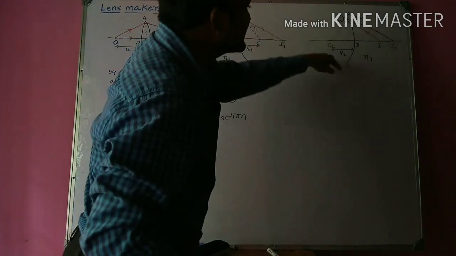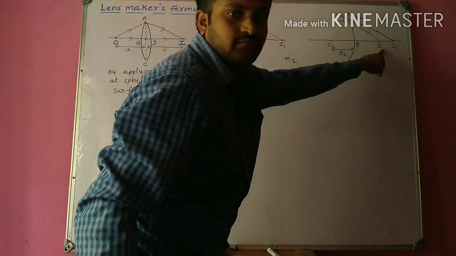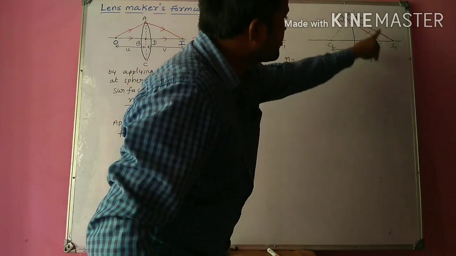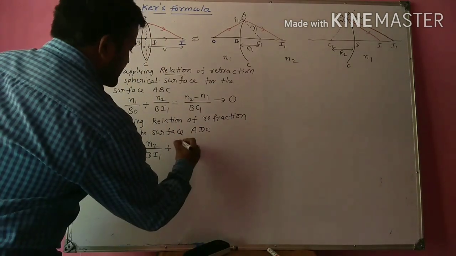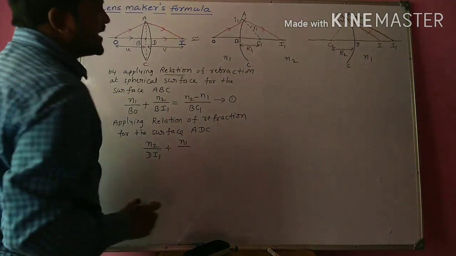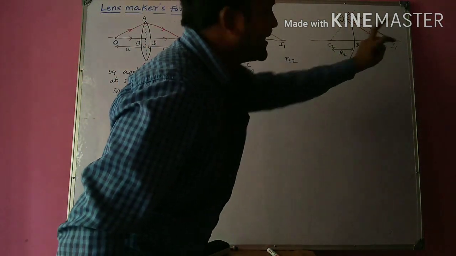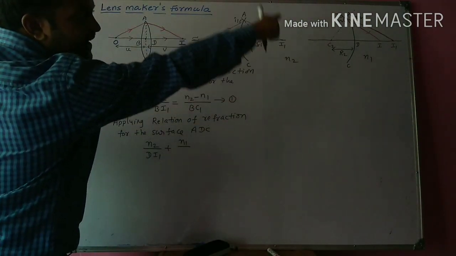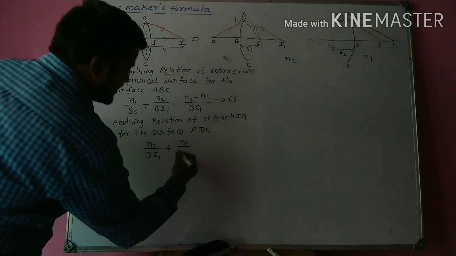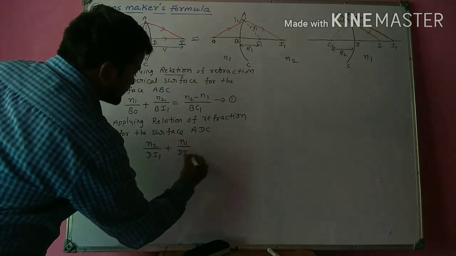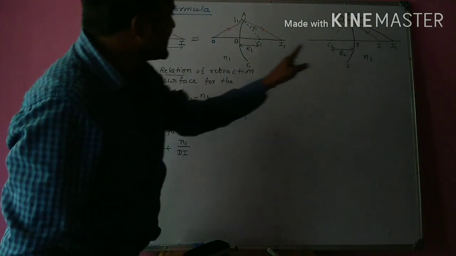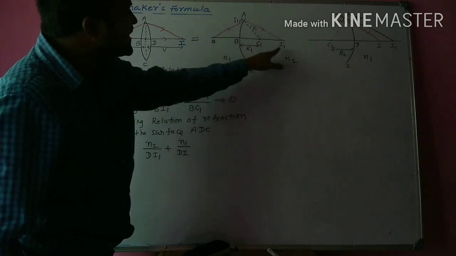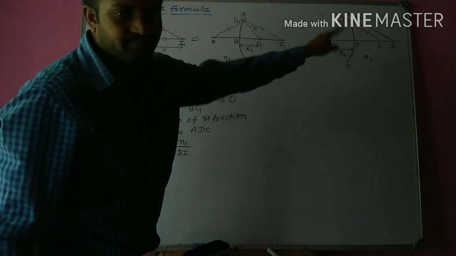Due to this ADC surface, the image is formed at I. In this region the refractive index is N1, so N1 by image distance DI. The final image formed due to the ADC surface is I, that's why DI. And I1 here is the same image formed due to ABC.